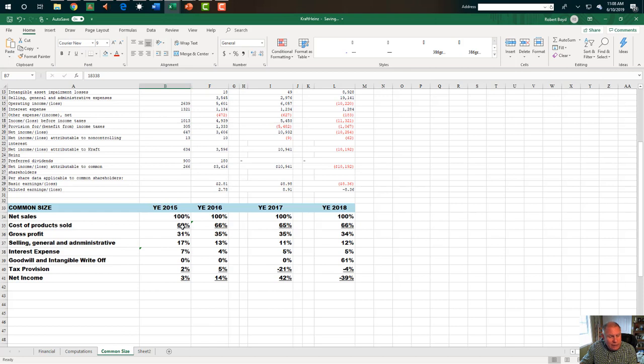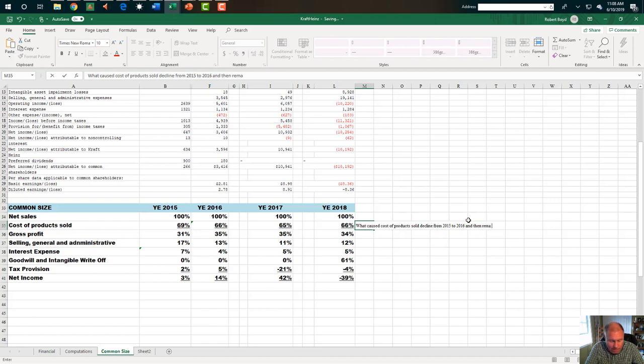So we're looking at the gross margin. It looks pretty good. What caused the margin to drop in 2015 and then remain stable? So what caused cost of products sold to decline from 2015 to 2016 and then remain essentially flat?